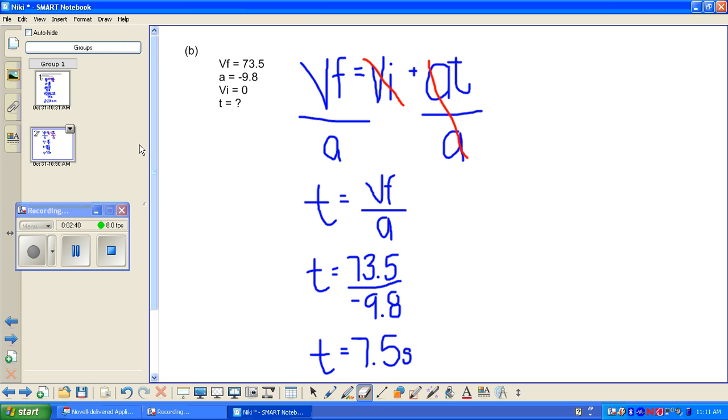We find the list of givens, and we have a final velocity which is the same as the previous problem, 73.5, and the acceleration is the same also, negative 9.8, and we don't have initial velocity, so that's going to be 0, and we're looking for how long it took for the sandbag to land, and that would be time.